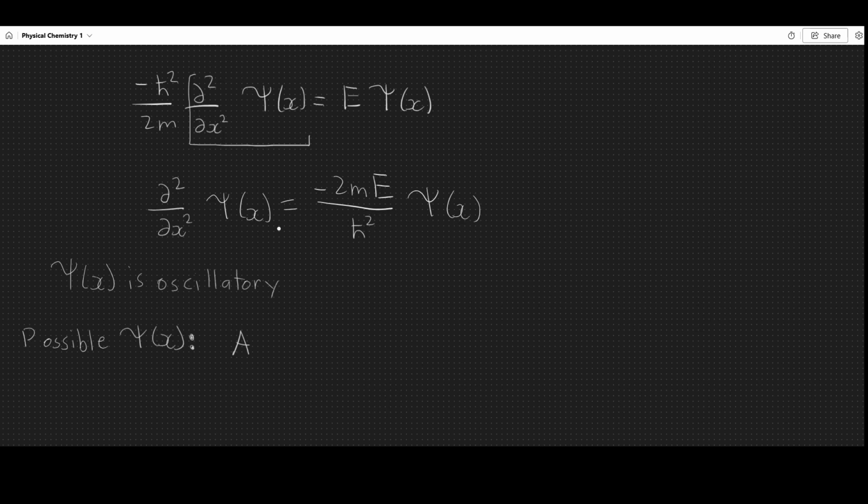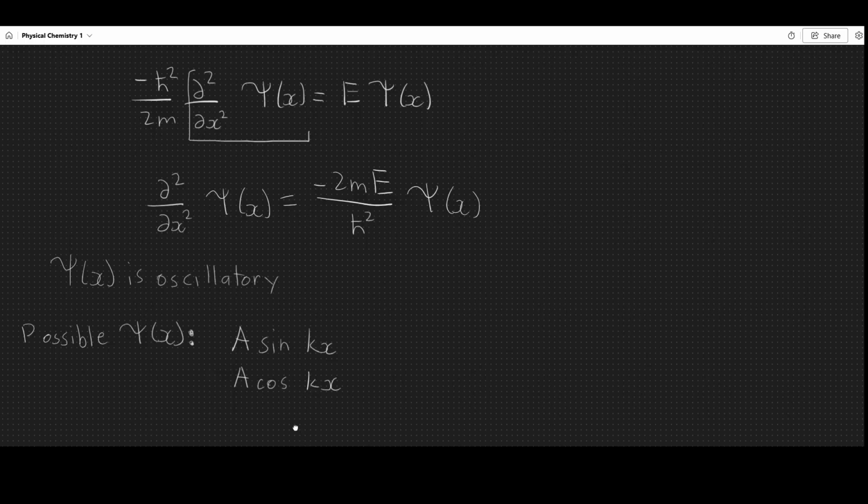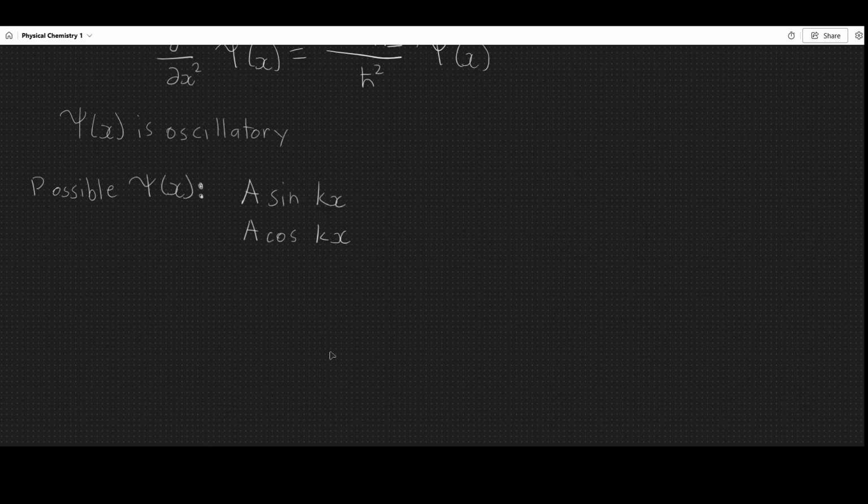So we have sine kx, and I'm including the k as a parameter in order to non-dimensionalize whatever is inside of the trig function. And then we also have A times e to the plus or minus, right? We have both options, ikx. So these are all oscillatory.